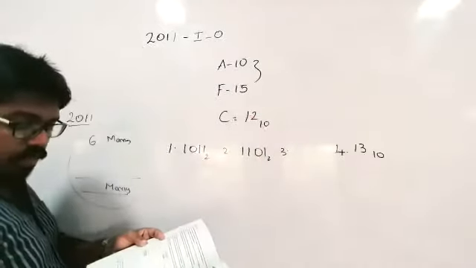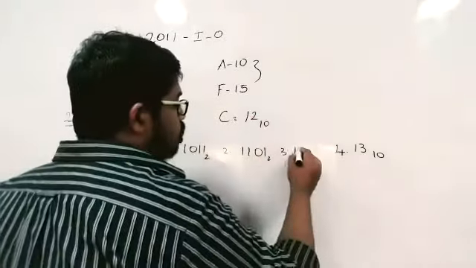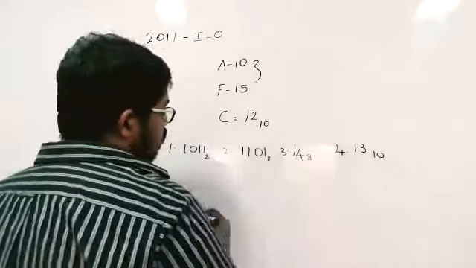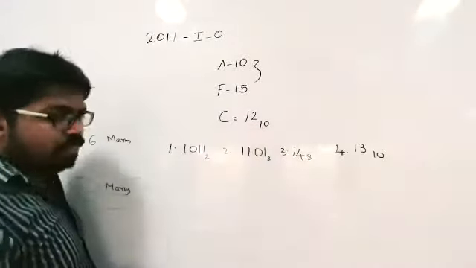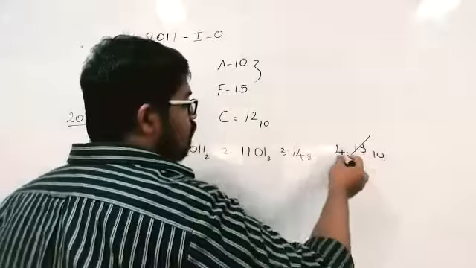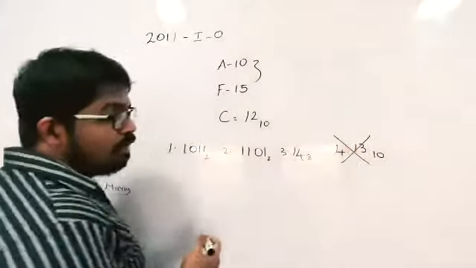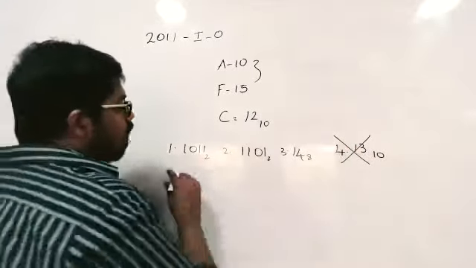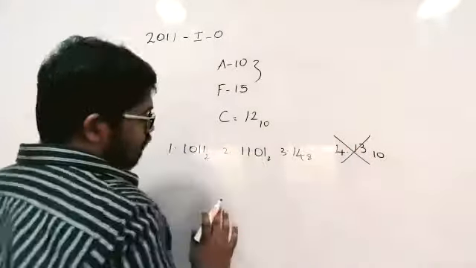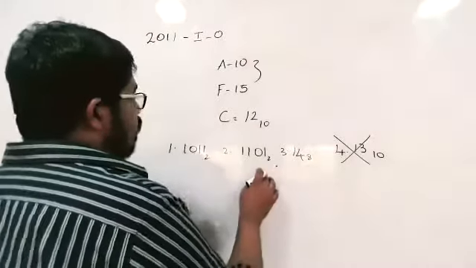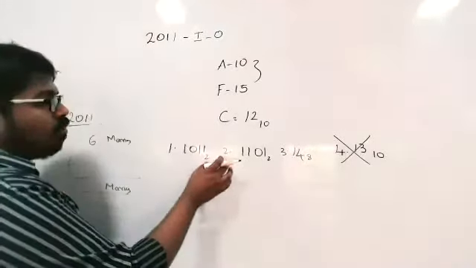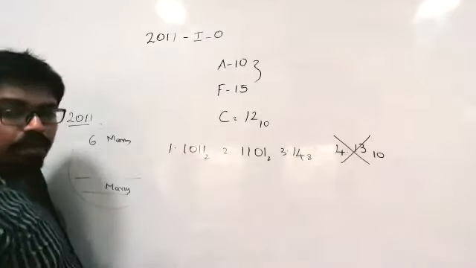And the third answer option is 14 base 8. So C is having the value of 12 in decimal. That's why the fourth answer option is eliminated. We are having these 3. Among these 3, we have a majority of binary values.